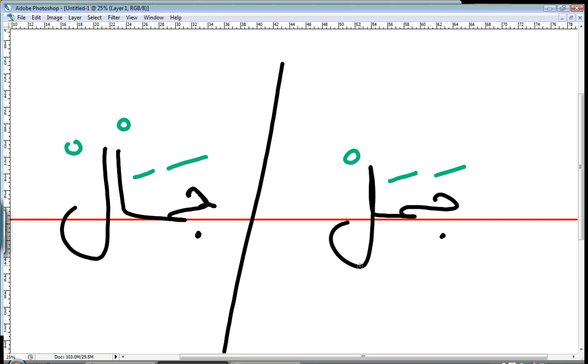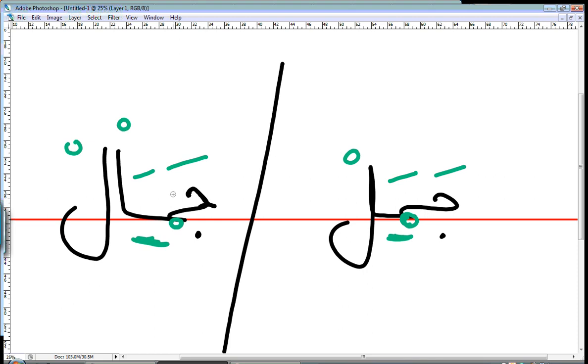It's the same word, but here the meem has no alif behind it, and here it does. This is a meem, by the way, it's just the way we write it by hand because it's faster when it's connected to a jim, ha, or kha before it. So this word is jamal.